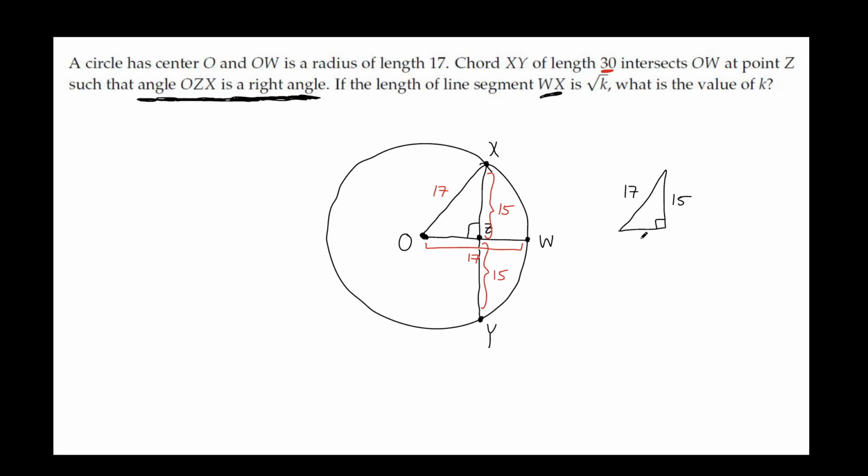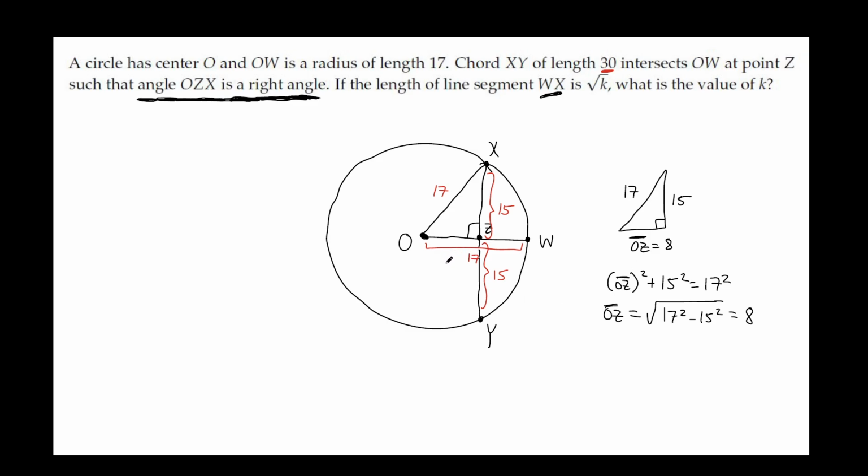And if I want to find this remaining side length, which is in this case side length OZ, I can just use the Pythagorean Theorem. So the side length OZ squared plus 15 squared equals 17 squared. And if I solve for OZ, that would be the square root of 17 squared minus 15 squared. That ends up being 8.